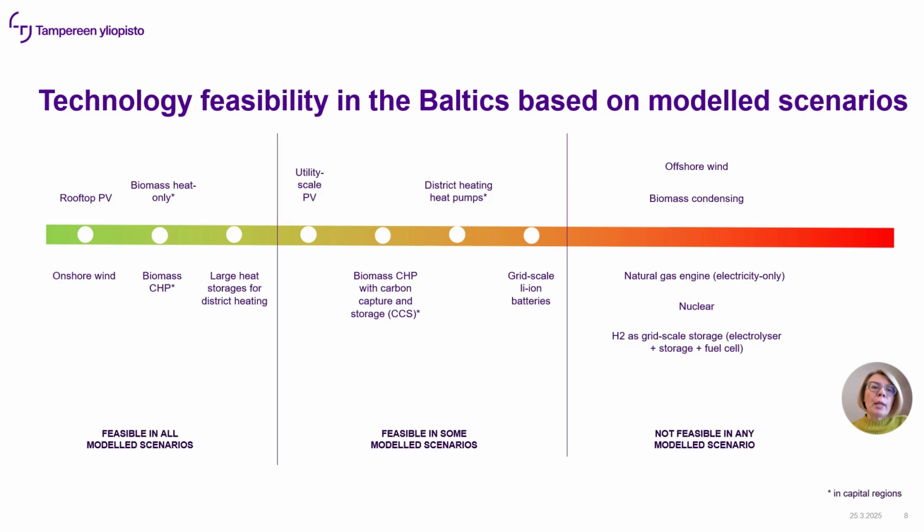Also, capturing carbon from biomass in new CHP plants emerges as a promising option for the Baltic region. The model invests in biomass CHP with carbon capture and storage by 2040 in both price scenarios. The model assumes industrial hydrogen demand and storage from 2035 onward.